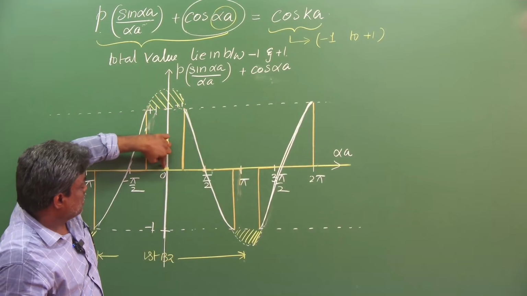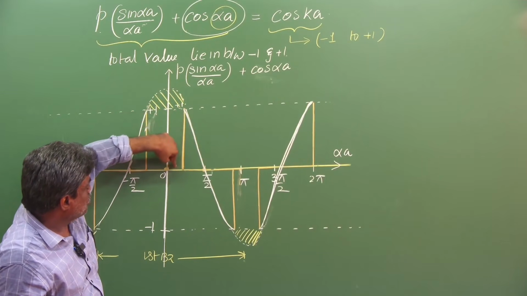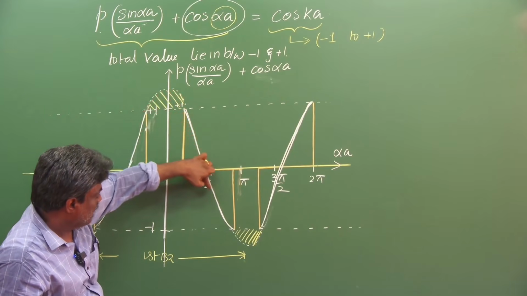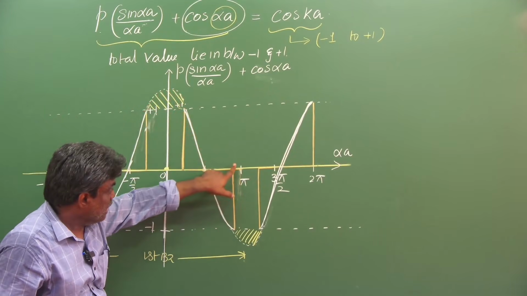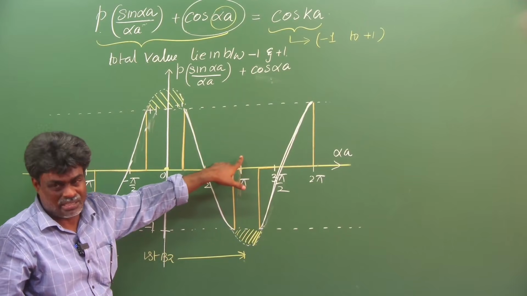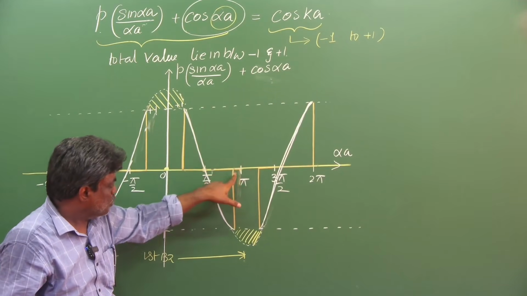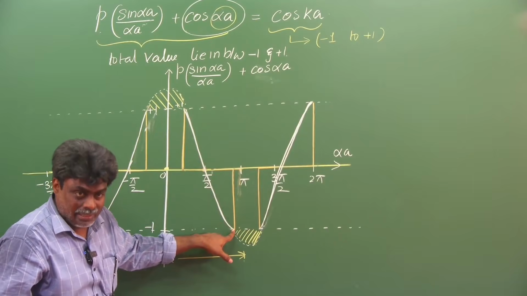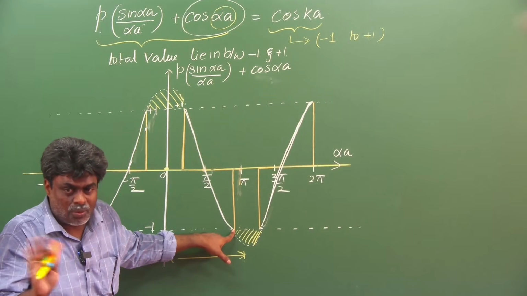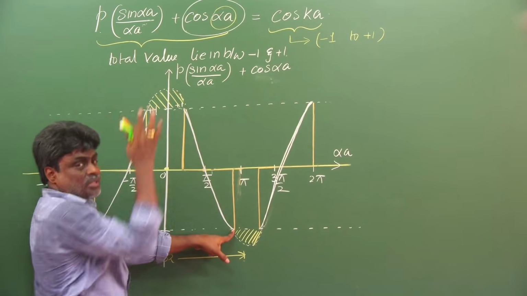So what is happening here? This is the origin, of course. Somewhere very close to the origin, we have this energy band. This is the allowed energy band. And nearly at the zone boundary, because exactly we won't get it, it's impossible, nearly at the zone boundary we are getting a minus 1. That means beyond minus 1, no energy is allowed, because these values are not allowed.